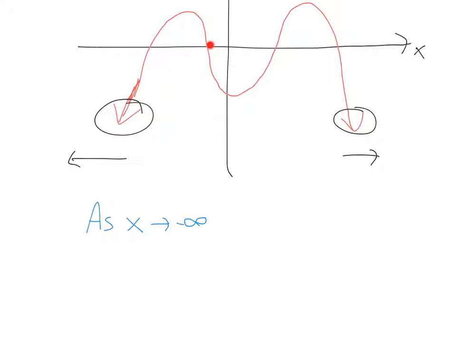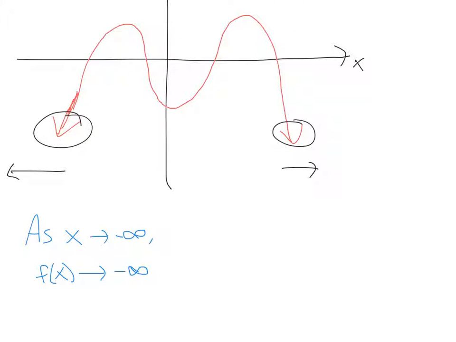As we go this way with our graph, what happens to f of x? Well, f of x is going down towards negative infinity in the f of x direction. So as x approaches negative infinity, f of x also approaches negative infinity. Quick little reminder, this arrow symbol just means approaches or goes towards. So as x goes towards negative infinity, f of x also goes towards negative infinity.